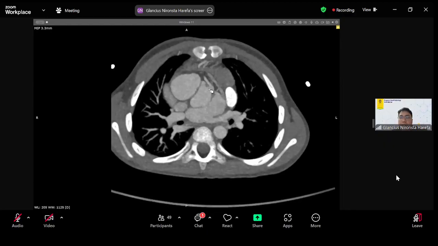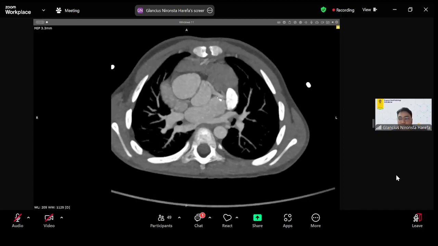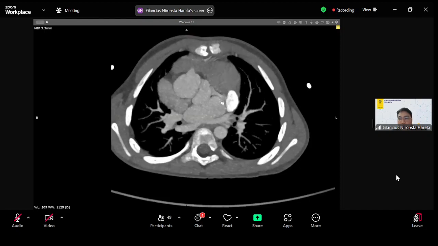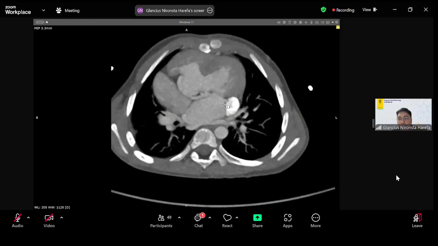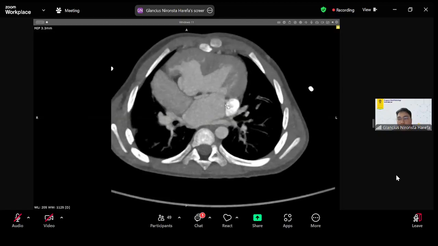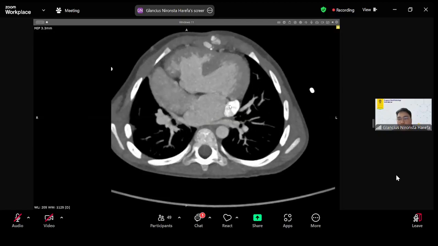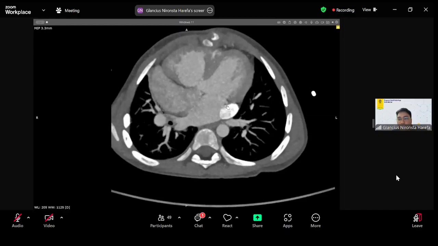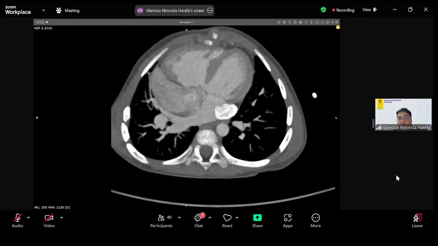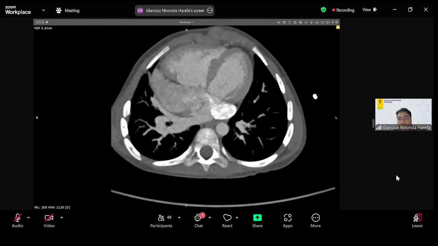And then, returning to the left circumflex, if we trace its course, it is observed to continue posteriorly and encircle the heart towards the right side.